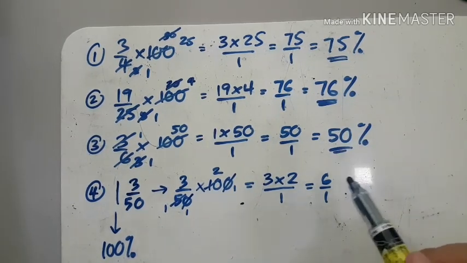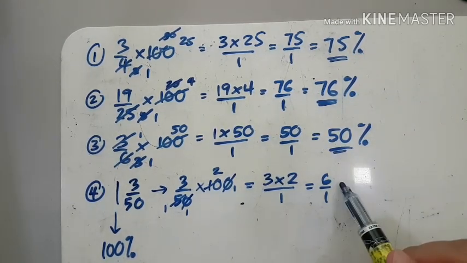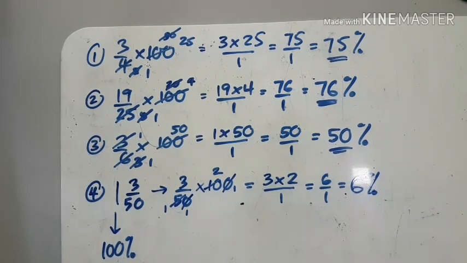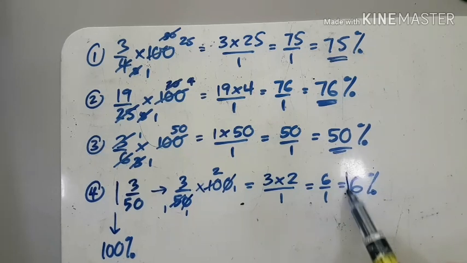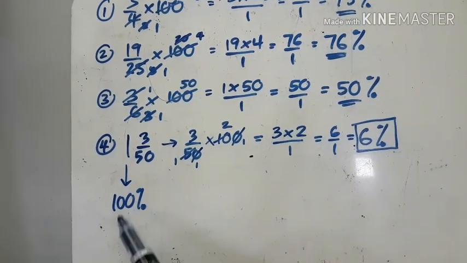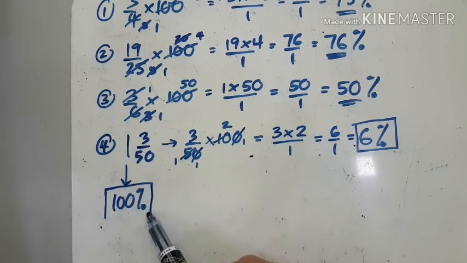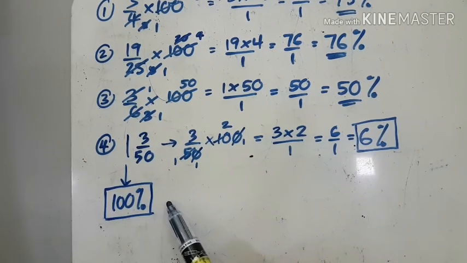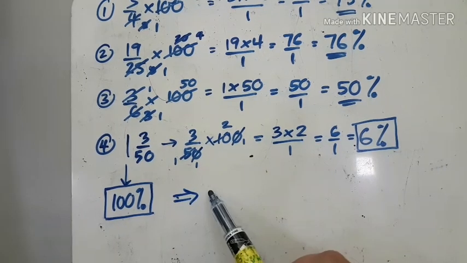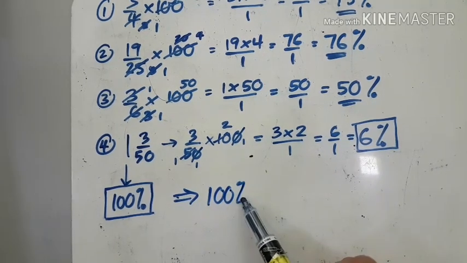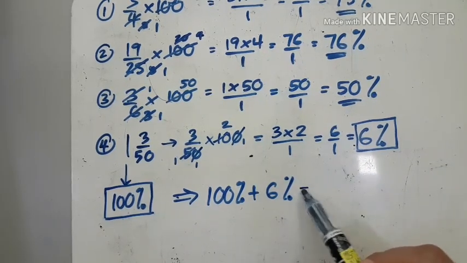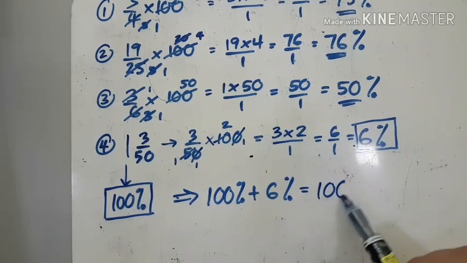Just like in the example before, we get 6%. And still we are not done yet. As you can see here, we have two values, 6% and also 100%. So what do we do? We combine them just like before. So it's 100% plus 6% to get 106%.